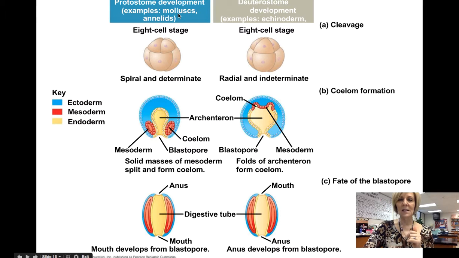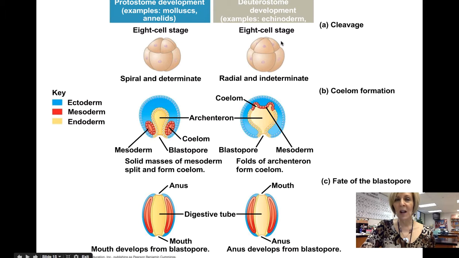These are the mollusks, any kind of shelled animals, and annelids like we saw the segmented worm, the earthworm. In these organisms, the blastopore becomes the mouth. And the archenteron, as it forms, the secondary hole in the tube, becomes the anus. So mouth forms first and then anus. This is in a protostome. This literally means first mouth.